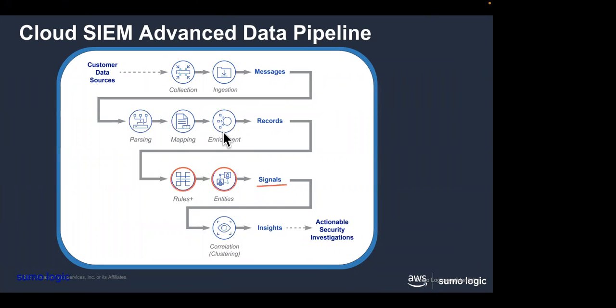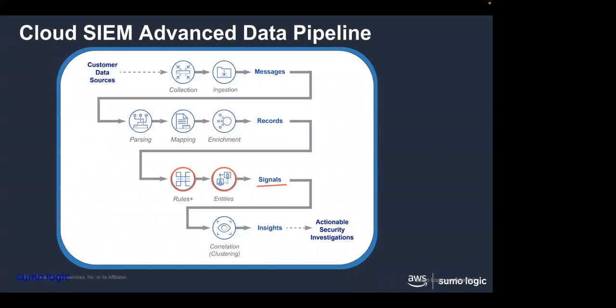Now I'm going to take these records and compare them to a bunch of different rules that we have. These are rules based on the MITRE ATT&CK framework. If a rule matches the record, then we will extract the entity and generate something called a signal.